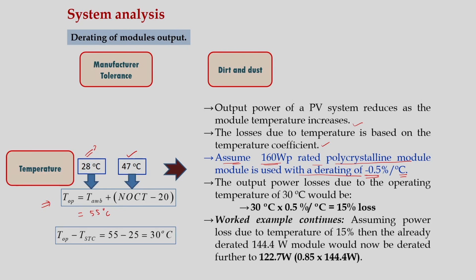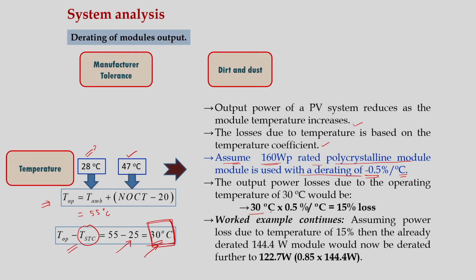Now, if we deduct T STC from this operating temperature, what will be the effective temperature? 55 minus 25 is 30. What does it mean? These modules, or cells, are tested at 25 degree C. Now we got a temperature rise of 30 degree C beyond 25, right.